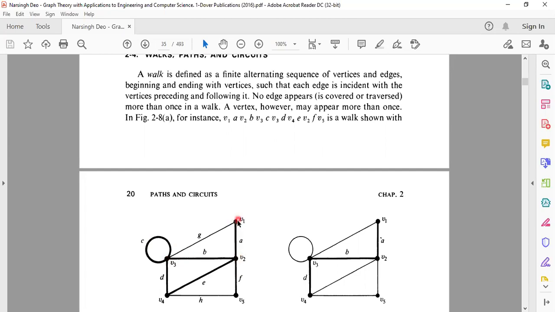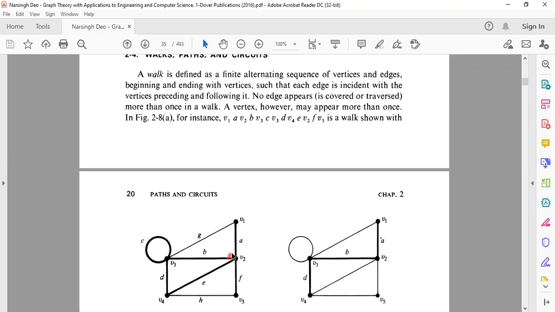See, if I move along this edge, if I go like this, and if I consider this and then this and this, all the edges A, B, C, D, E have been traced only once. I have come down from V1 to V2 by tracing A only once.